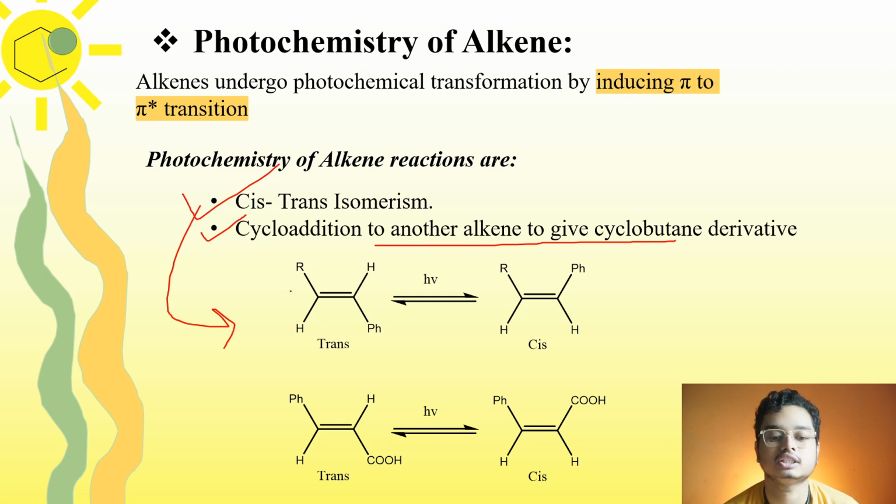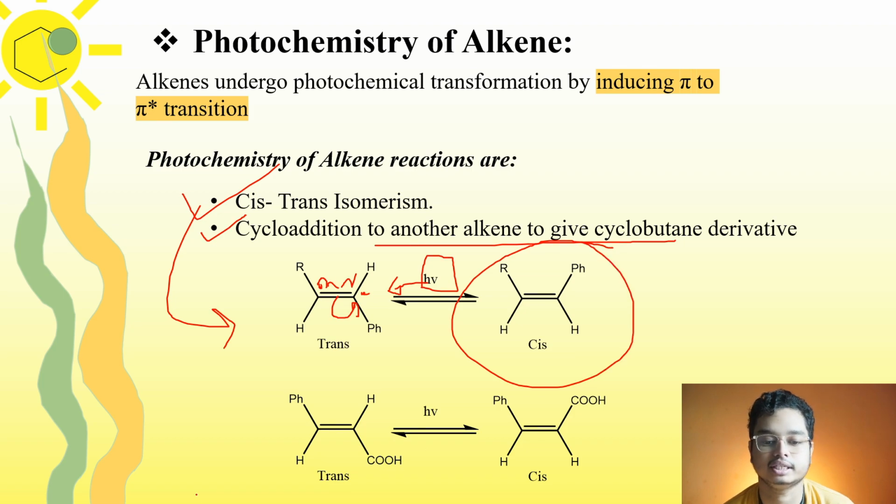So this is the trans molecule. In the presence of photochemical condition, this particular bond rotates to give cis. The mechanism is very simple. First, upon irradiating the reactant with photochemical condition, that is h nu, it breaks into radicals. Now in this particular radical, the single bond rotates, and then the radicals recombine again to give the cis trans isomerism.